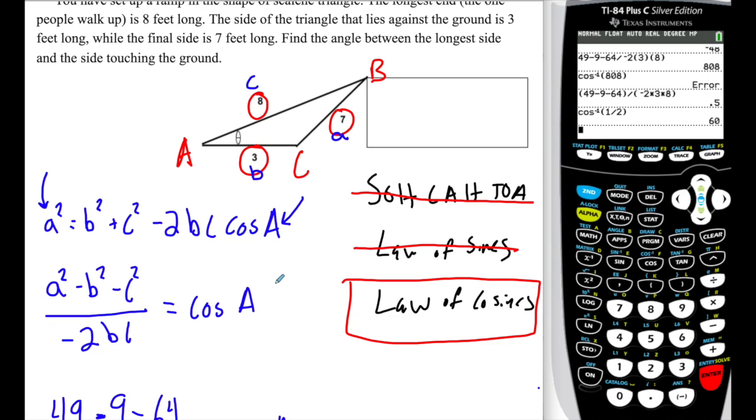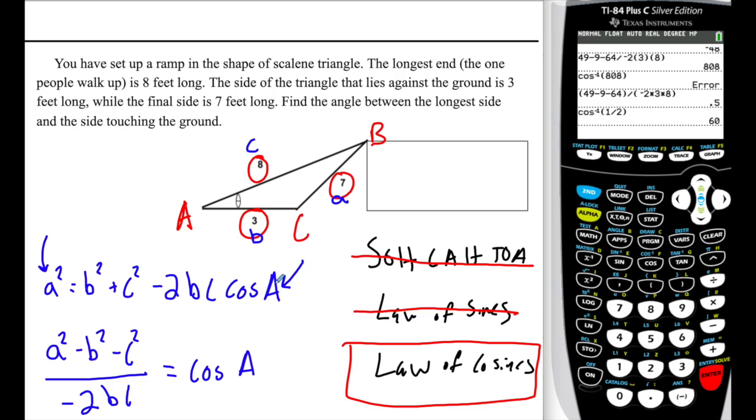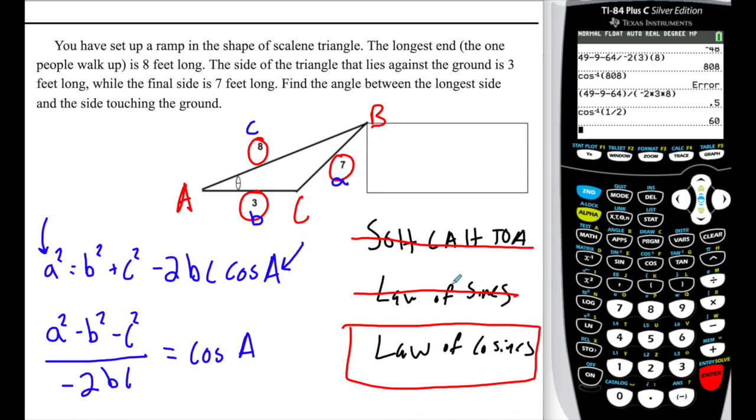Okay, so first, we looked at the situation. We figured out we can't use SOHCAHTOA because it's not a right triangle, no right angles here. So basically SOHCAHTOA eliminated, and law of sines and cosines become our only options. We don't do law of sines because we don't have enough information.